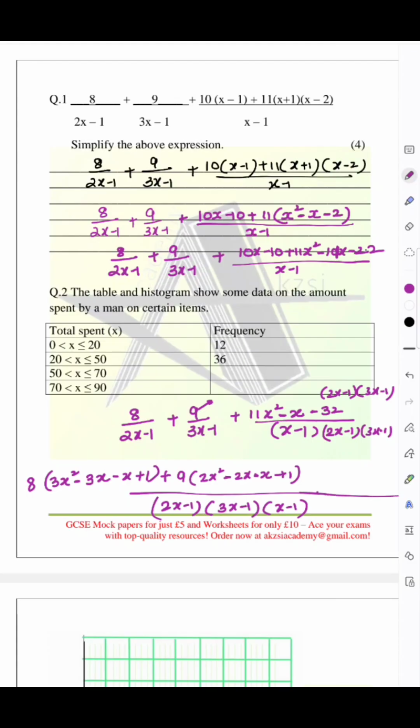So it would be plus, it's already 11x squared minus x minus 32 times, this has to be, I'm just multiplying now these two factors, 2x times 3x is 6x squared, minus 2x minus 3x plus 1.